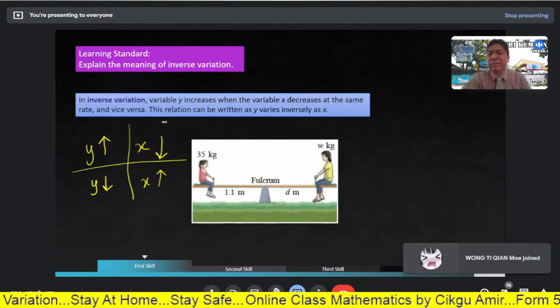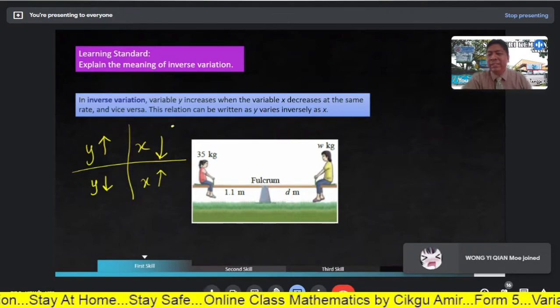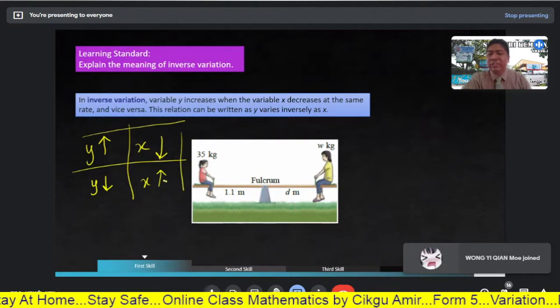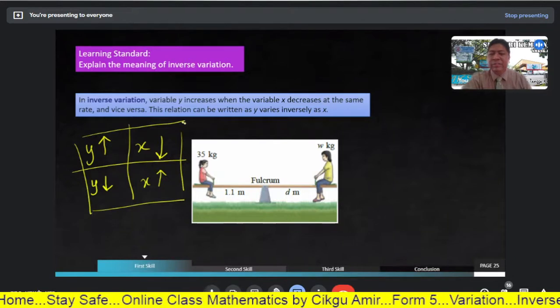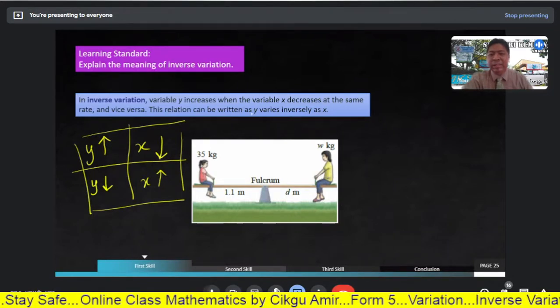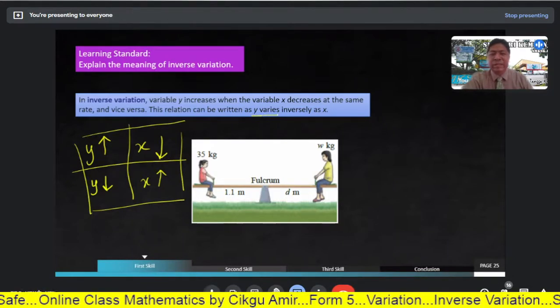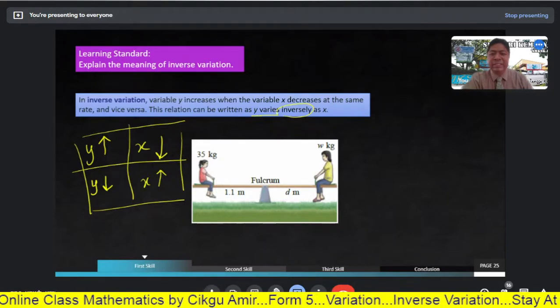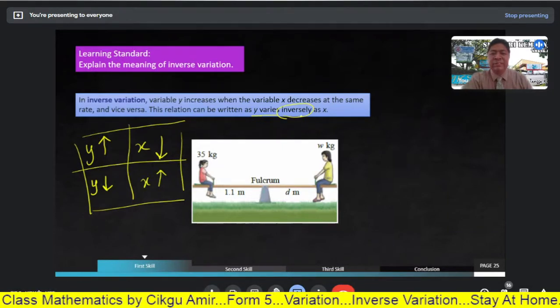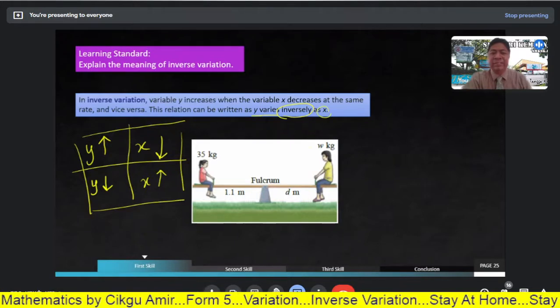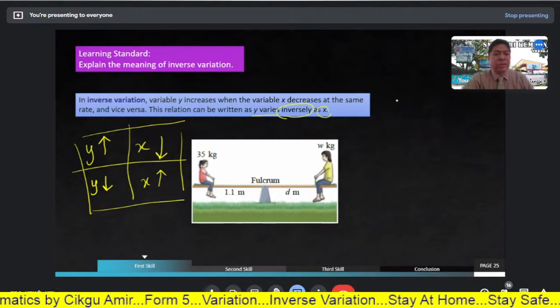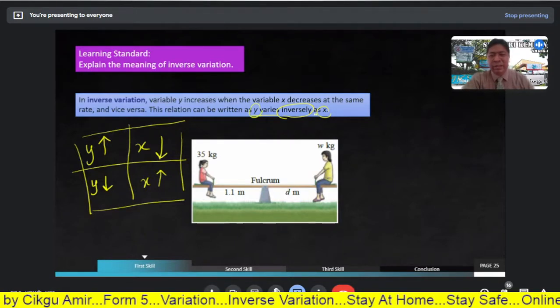This relation can be written as y varies inversely as x. How to write this? We have y and x.